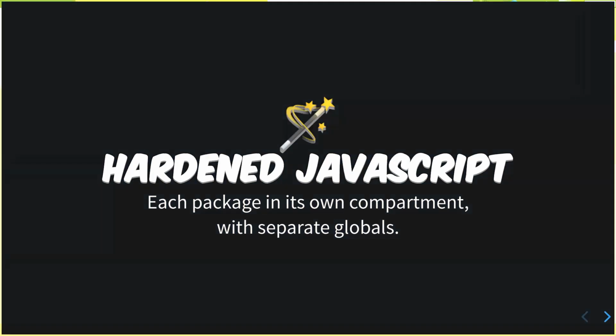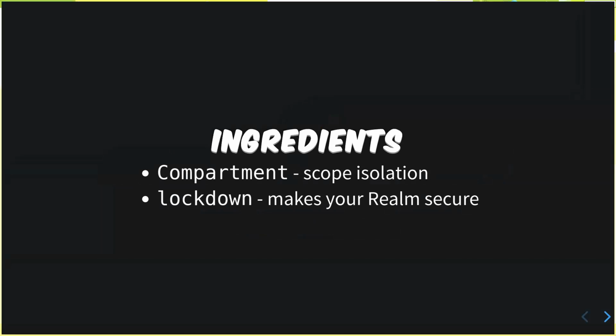So what LavaMoat is using is called hardened JavaScript. Each package is put in its own compartment with separate globals on top of hardened JavaScript. Let's look at the ingredients. Hardened JavaScript delivers two main items. One of them is compartment implementation.